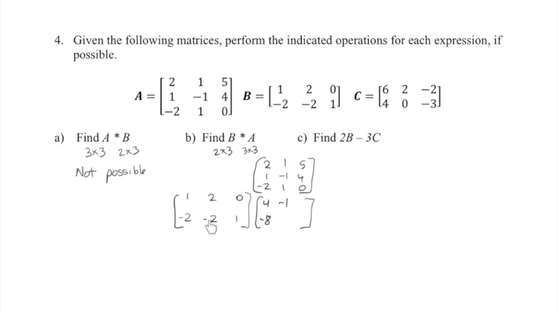This entry is this bottom row with the middle column, so we have a negative 2 and a positive 2, which makes 0, and then 1 times 1 is 1. 0 plus 1 is 1, and then finally this entry is a combination of row 1 with column 3, so 5 plus 8 is 13, plus 0 is 13. And here we have negative 10 plus negative 8, that's negative 18, plus 0 is negative 18.